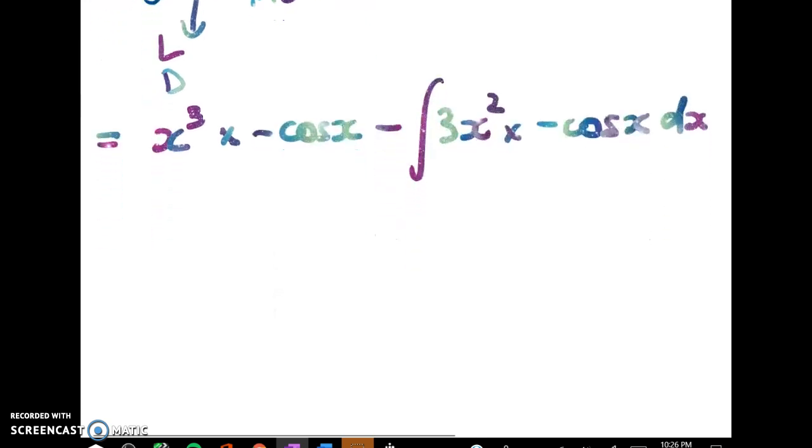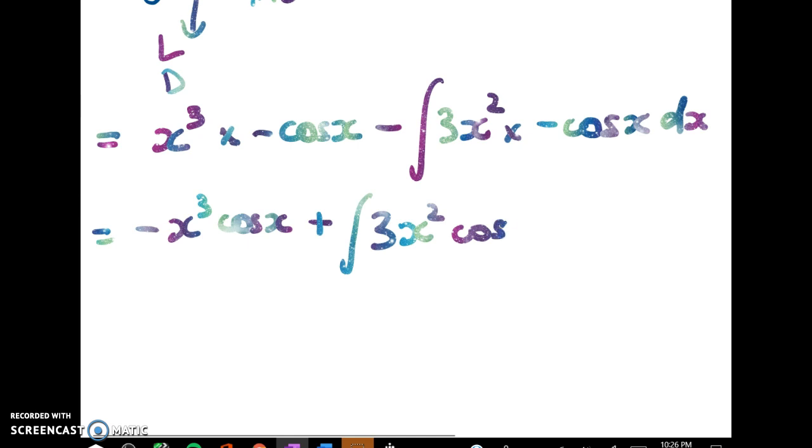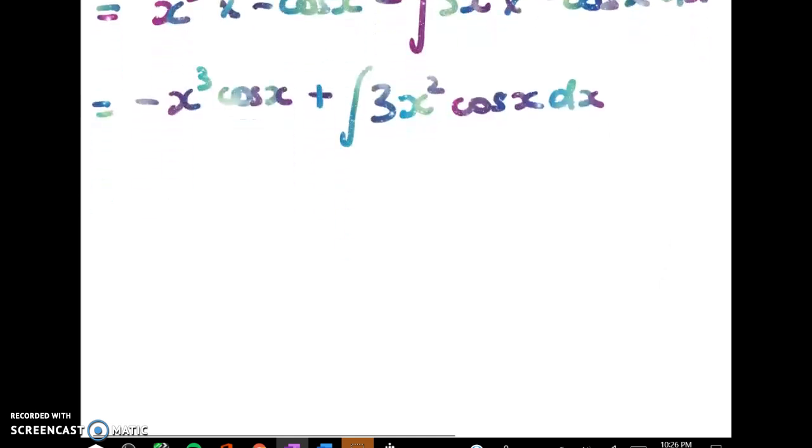So far, so good. It's really easy to get a big mess with your signs when you're doing these ones. So I think it's worth cleaning up the signs now. So we've got plus this integral, 3x squared cos x dx. So now we go to work on this one. We do IBP on this.